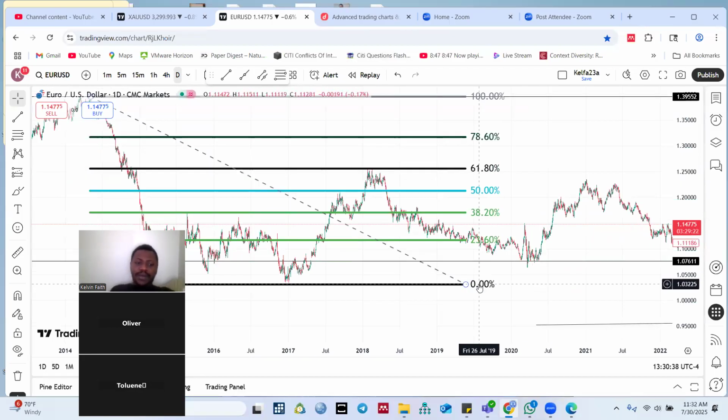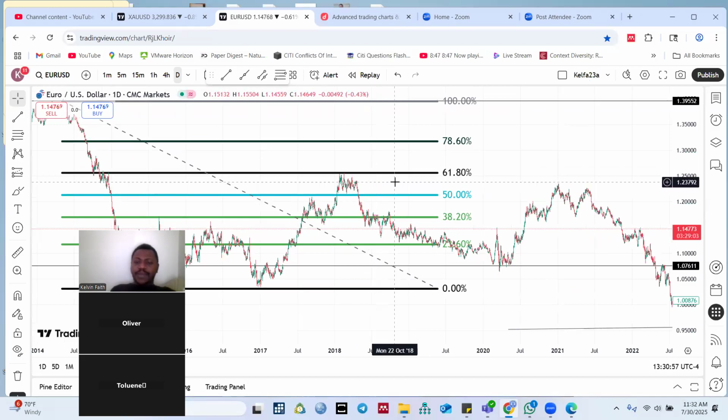So on the Fibonacci, Euro USD traded into equilibrium, and then dropped a little bit and then pushed up into 61.8%, which is the premium zone, the premium area for sellers to come into the market.